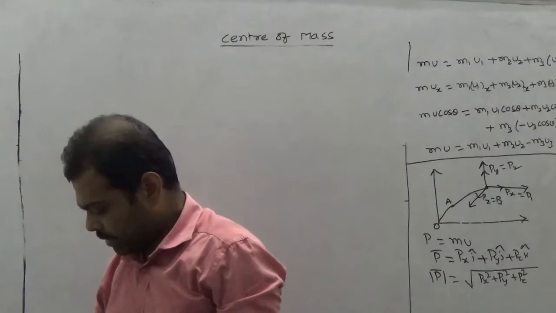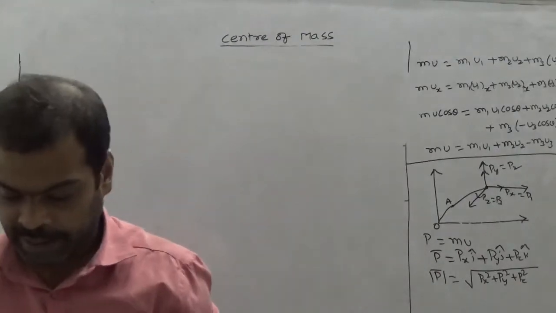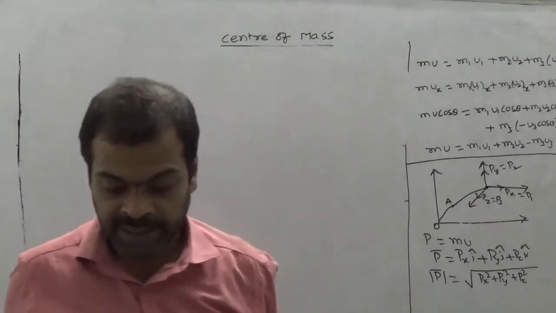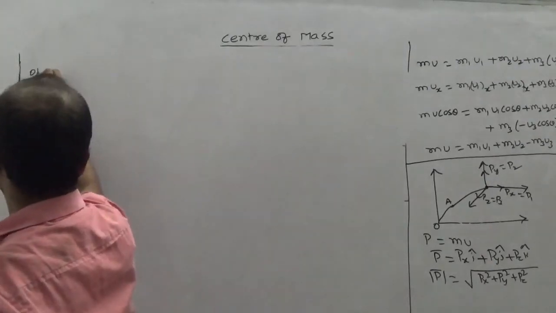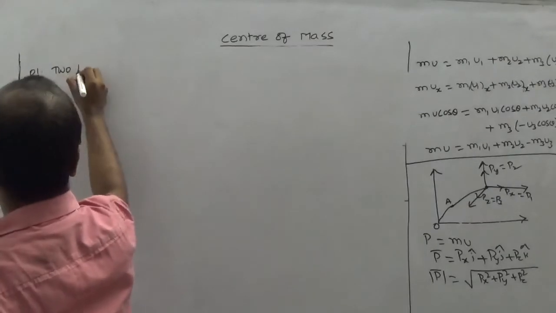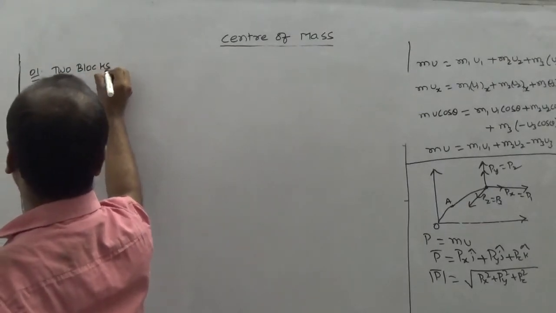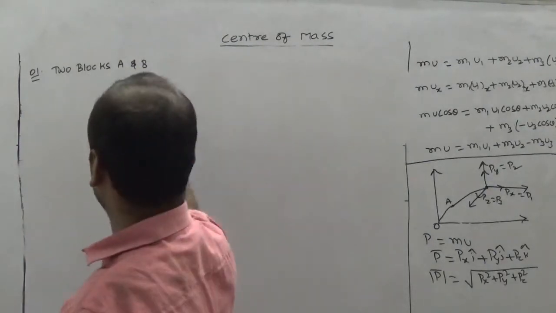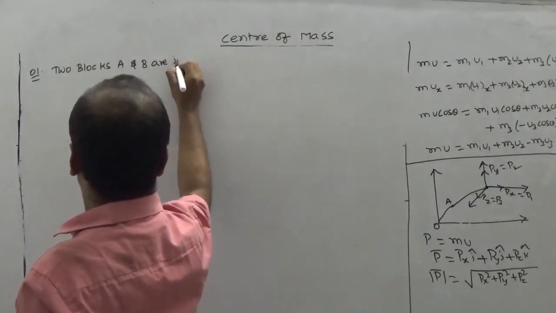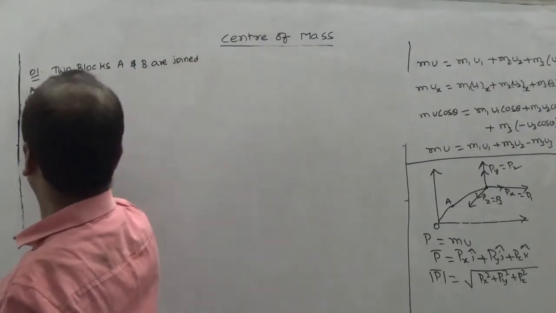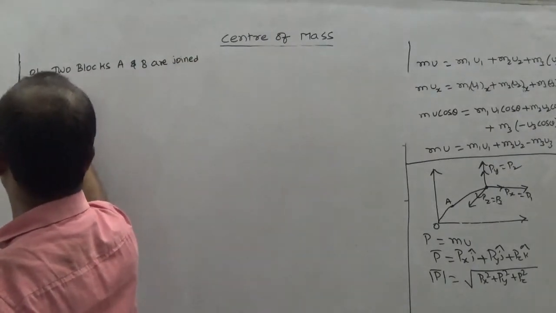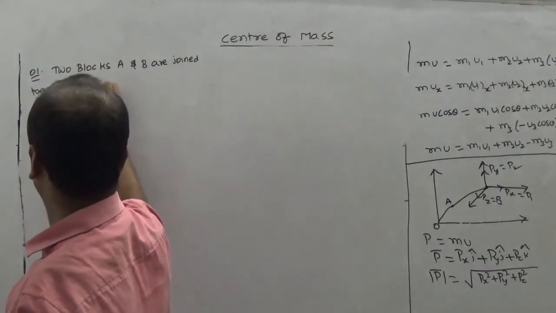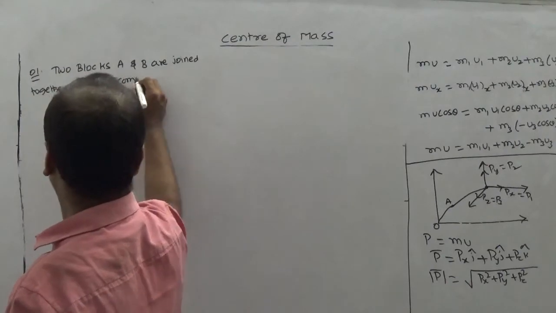Firstly, write down the question. Two blocks A and B are joined together with a compressed spring.